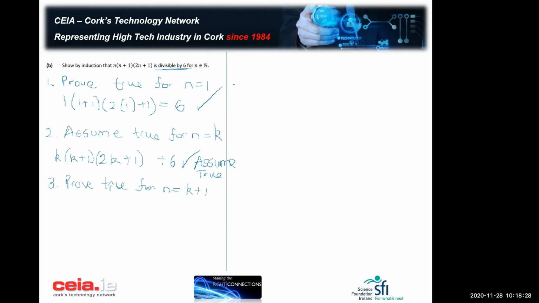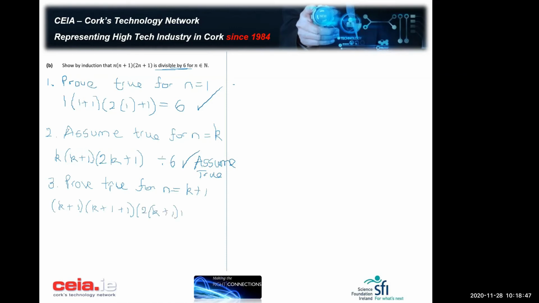Okay, so the first thing we do is input k plus 1. So we have k plus 1 times k plus 1 plus 1 times 2 times k plus 1 plus 1.